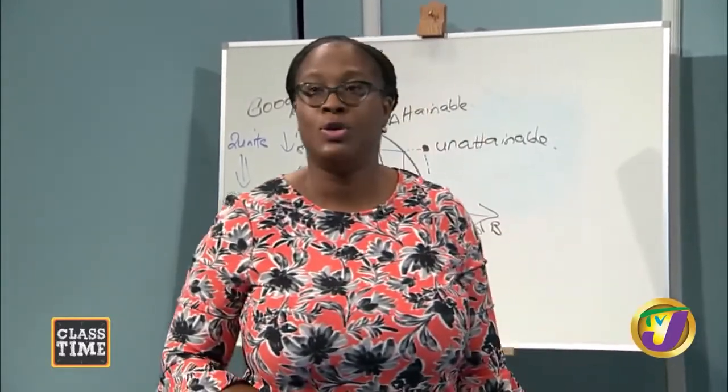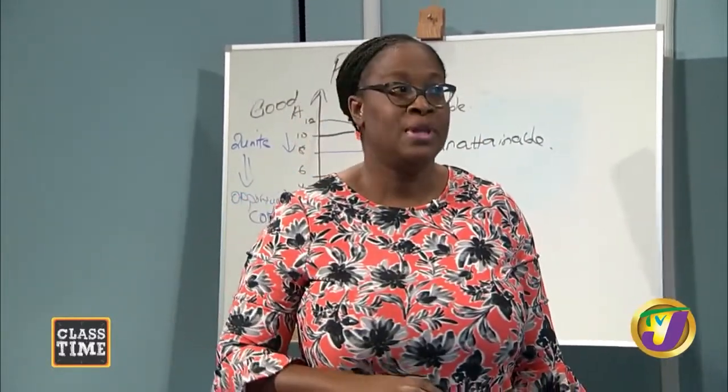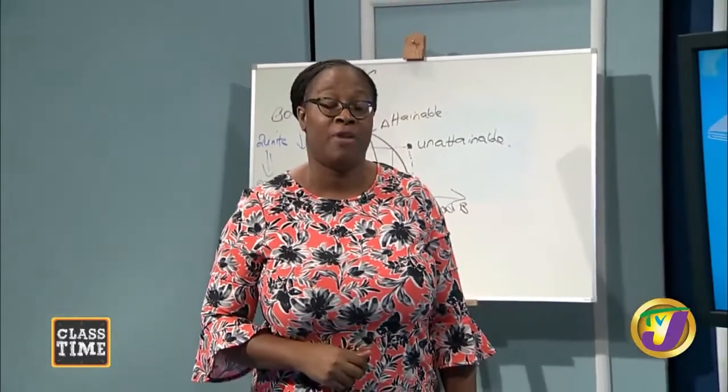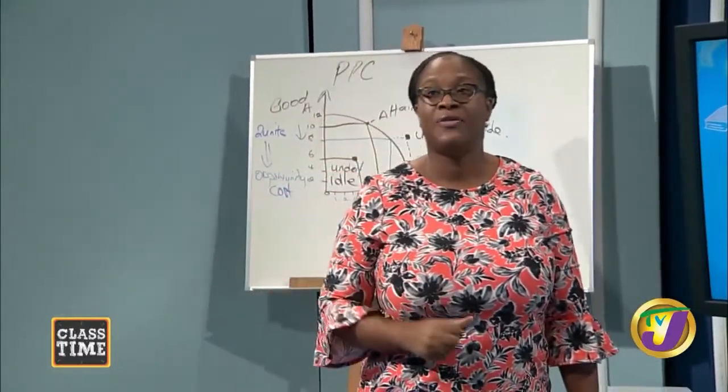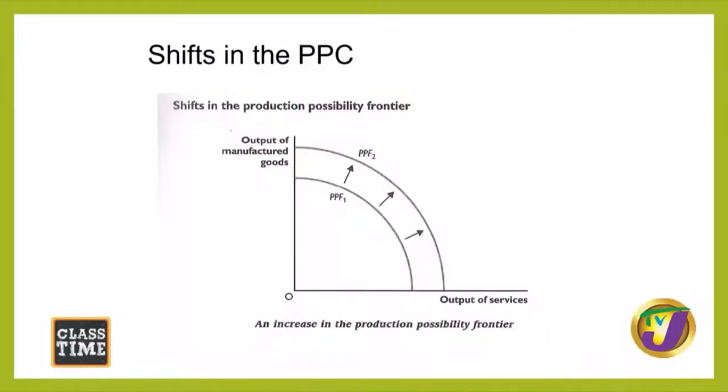Now let us go to what I call the shifts in the PPF. Now a shift in the PPF denotes that there is an outward movement of the curve. And if you look at that diagram, the original PPF was PPF1, right?